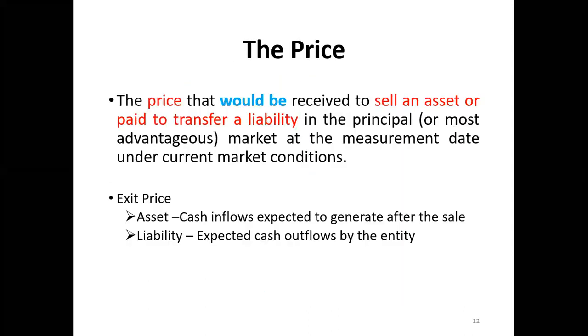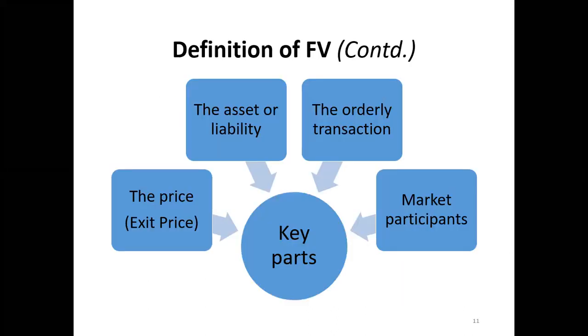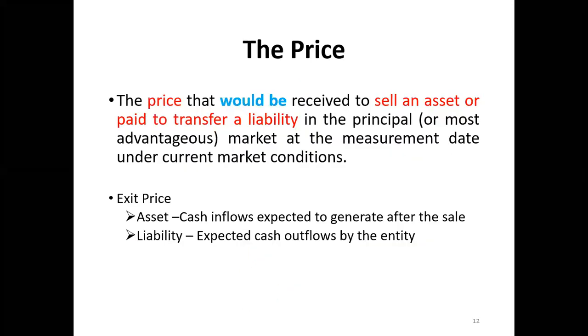Now we'll look at each and every component of this definition and discuss what is important there. It is said that the price is the price that would be received to sell an asset or paid to transfer a liability, as we discussed earlier. What I need to emphasize here is that it is an exit price. That is the most important thing, exit price.